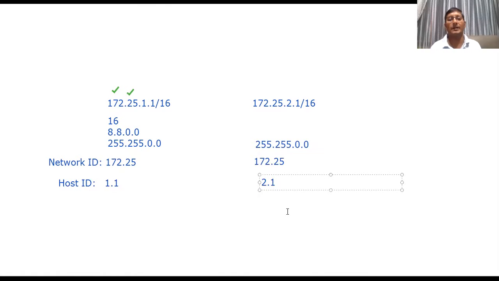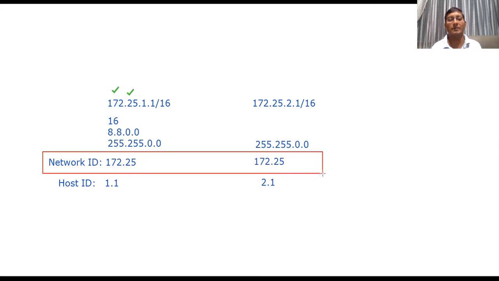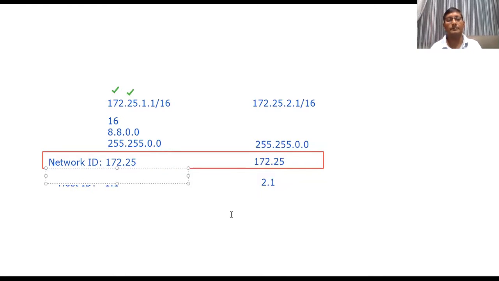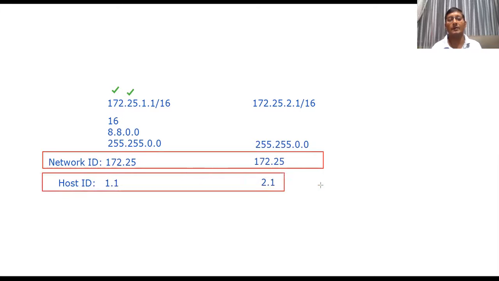If you observe carefully, this is the concept of subnetting you need to understand at the first level. You need to identify two different values: the network ID of the given subnet mask or net mask, and the host ID.